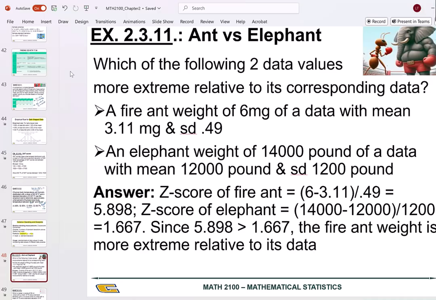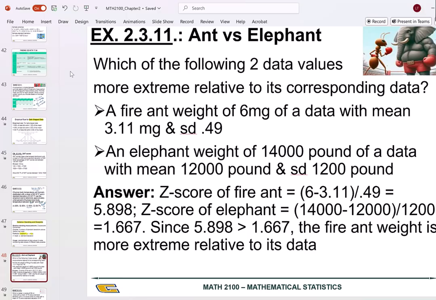When you calculate the z-score for the fried ant, you see that it is 6 milligrams, the mean is 3.11 and the standard deviation is 4.49. So this ant is about 0.898 standard deviations from the mean, right? And the elephant of 14,000 pounds is only about 1.667 standard deviations from the mean.